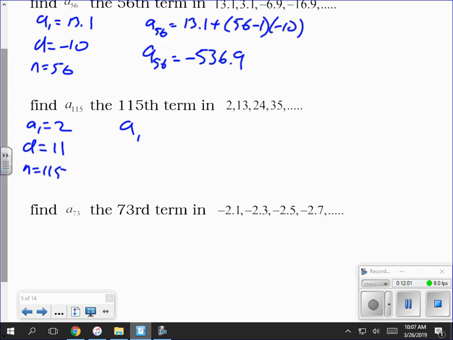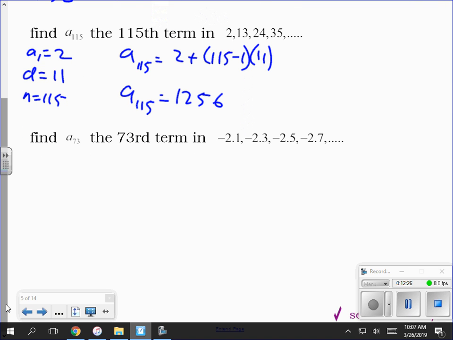So A sub 115 is 2 plus 115 minus 1 times 11. And I get A sub 115 is 1256.